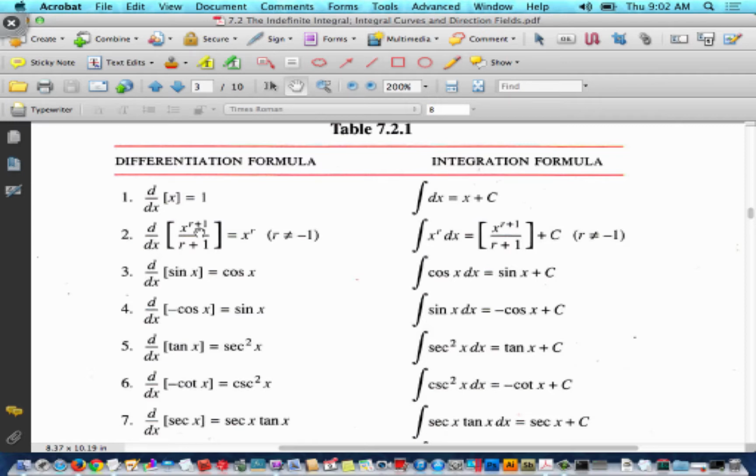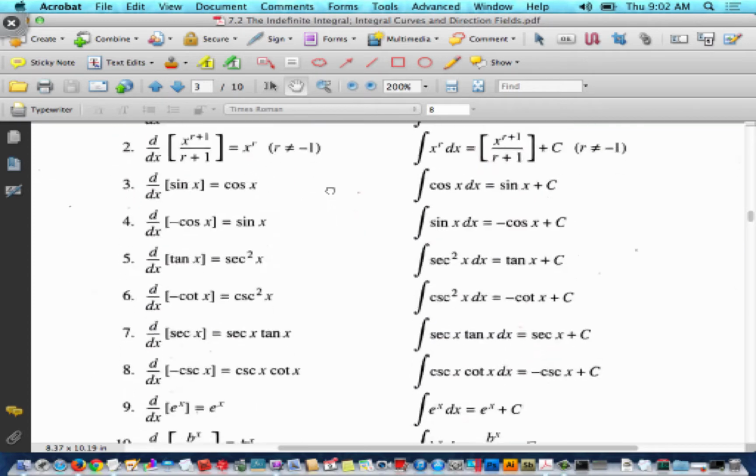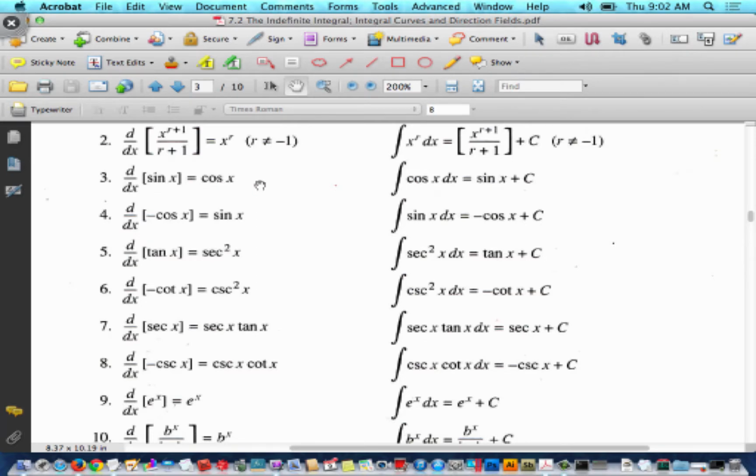If the derivative of x to the r plus 1 over r plus 1 is x to the r, assuming that r is not negative 1, then the antiderivative of x to the r should be x to the r plus 1 over r plus 1 plus c, assuming r is not negative 1. By the way, if it is negative 1, then you've got a very special case there. The derivative of sine is cosine, so it makes sense to say that the antiderivative of cosine is sine plus c. So do you already see that there's a lot of antiderivatives you can already find?